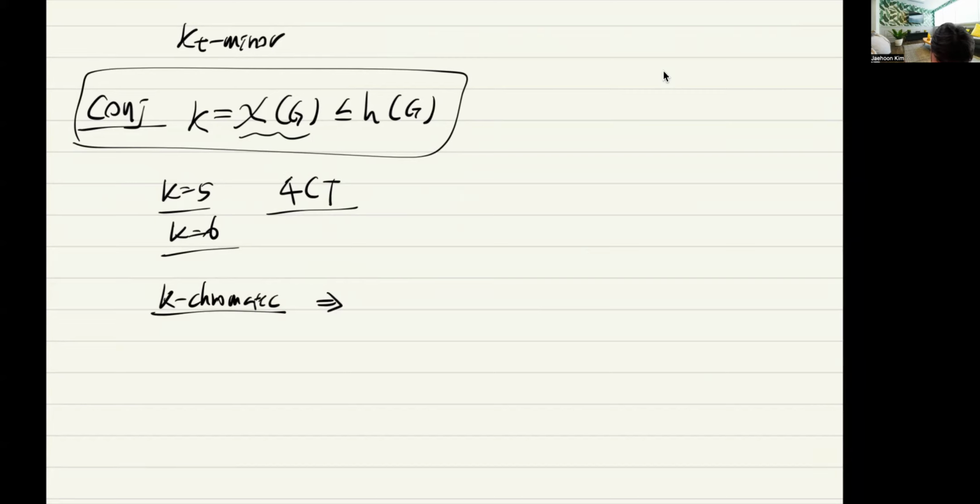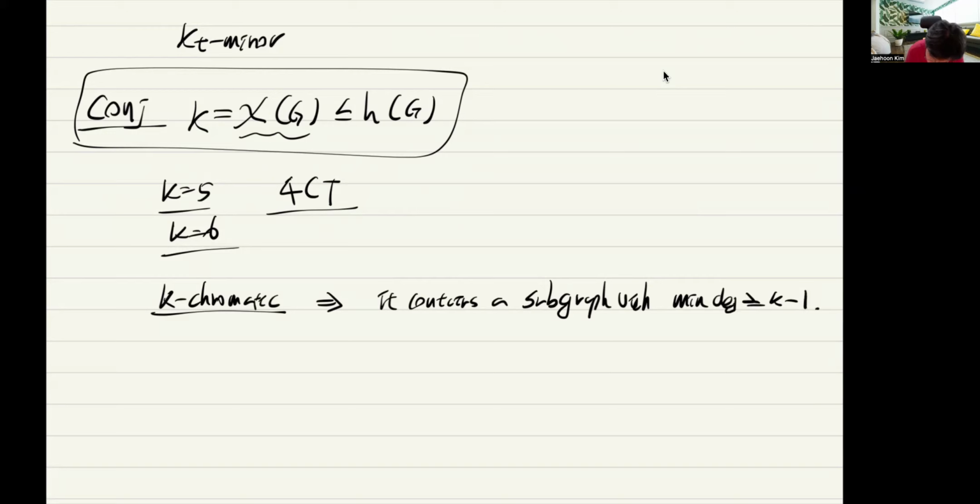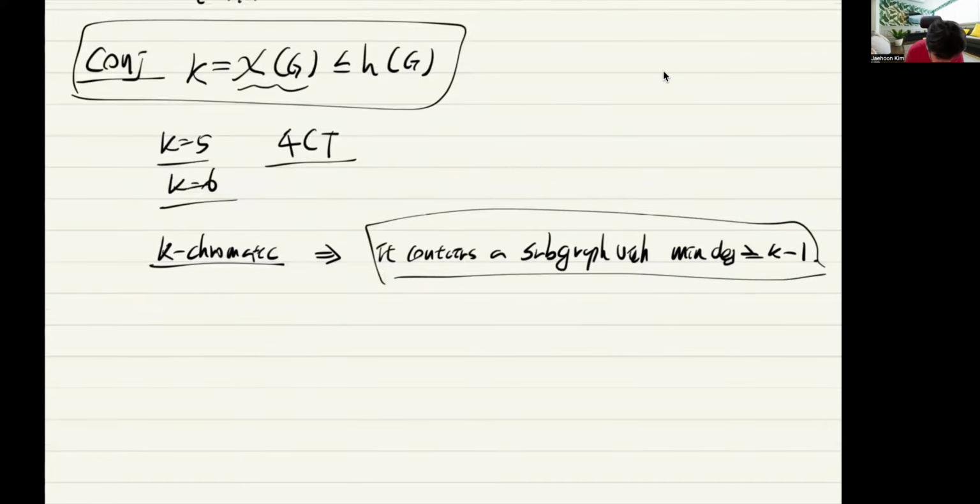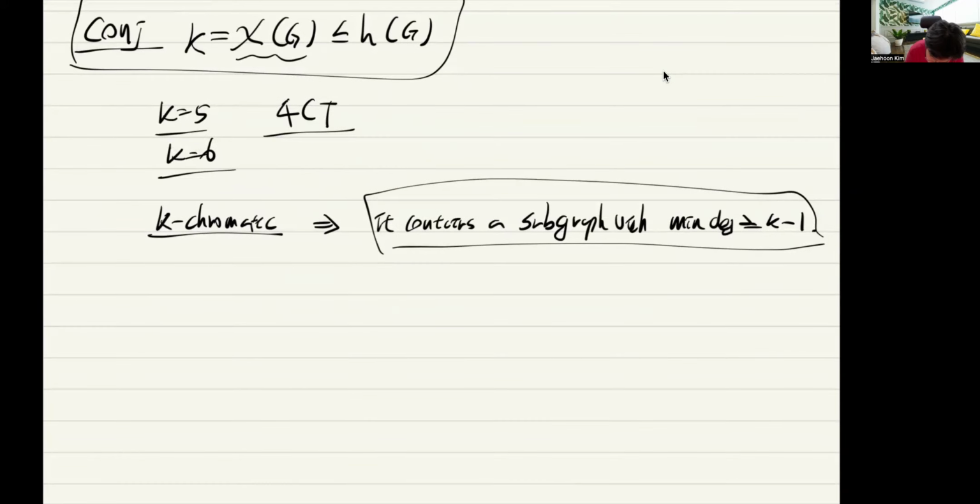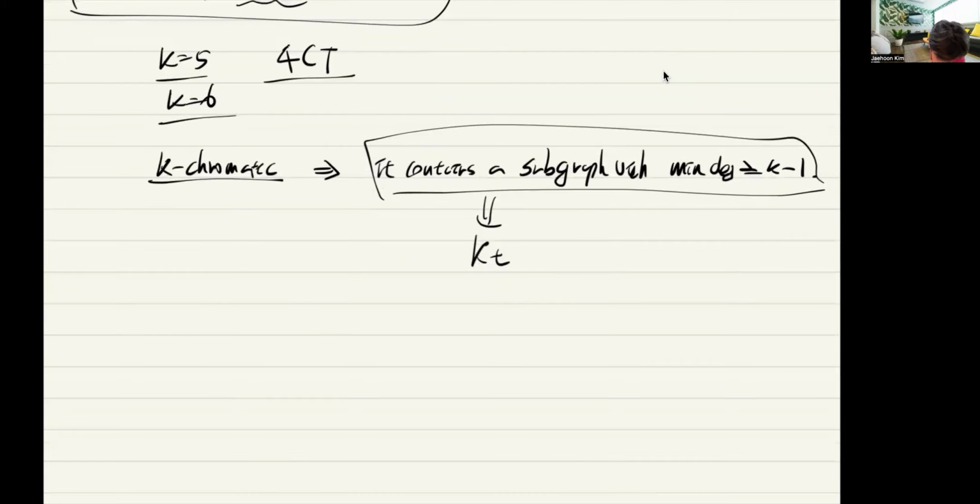It means that it contains a k-critical subgraph with mean degree at least k minus 1. So in this subgraph, it has large average degree. So you can find the K_t using the previous theorem.